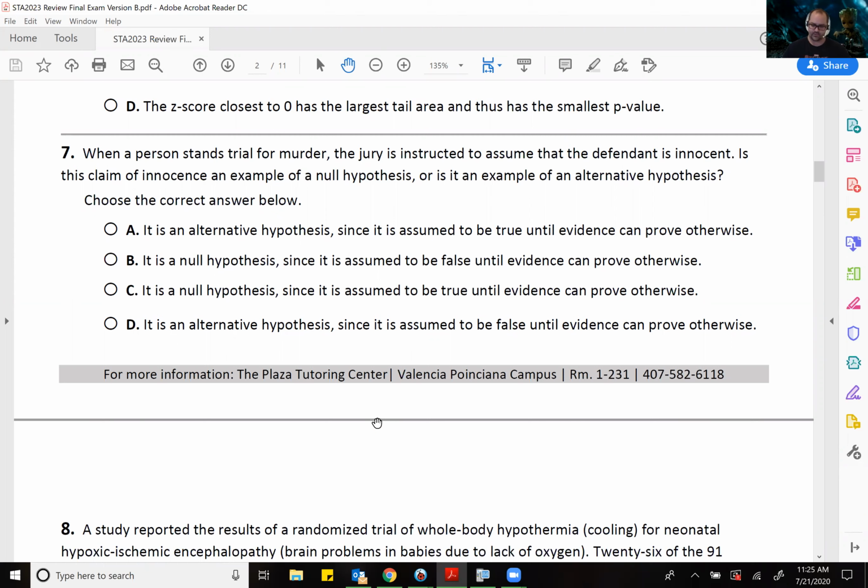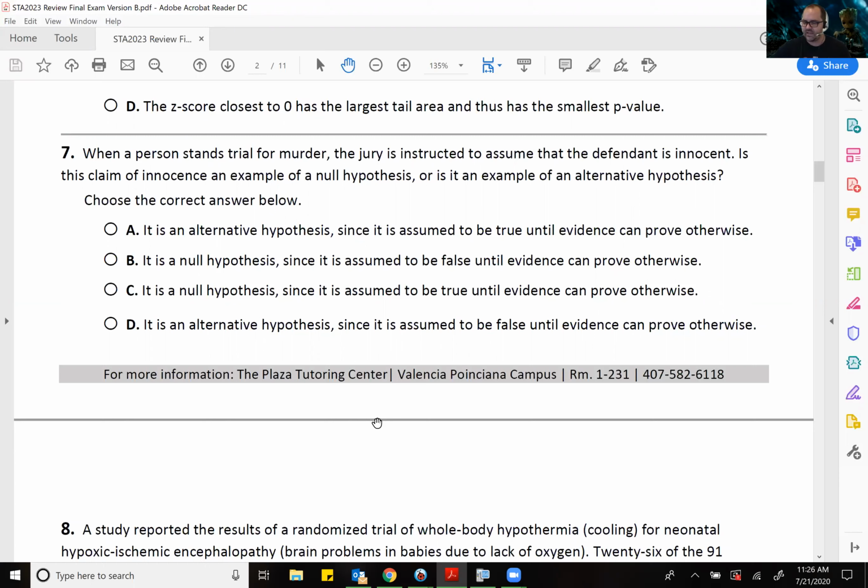I'll even tell you the page where this example is coming from. It's the balancing the two types of mistakes, on page 374 in section 8.3.